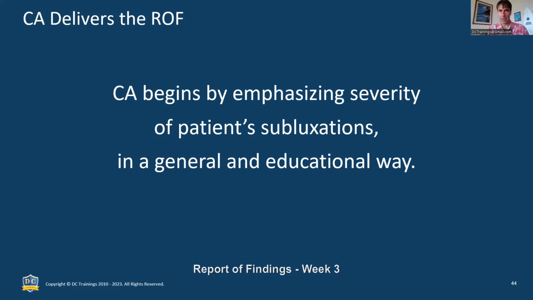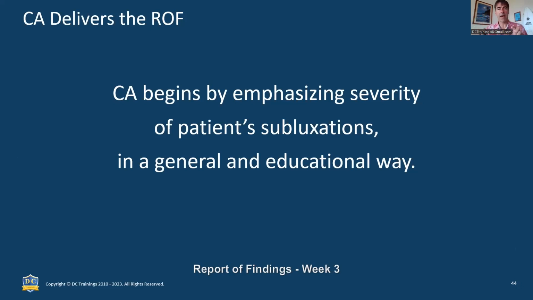Now, I want to talk about that word severity for a minute, because whether you're feeling like the severity is advanced bone spurs, disc thinning, spinal fusion, or whether you're talking about severity as in a misalignment where the spine's not aligned correctly, either way, the severity of those different phases of a subluxation is very subjective.